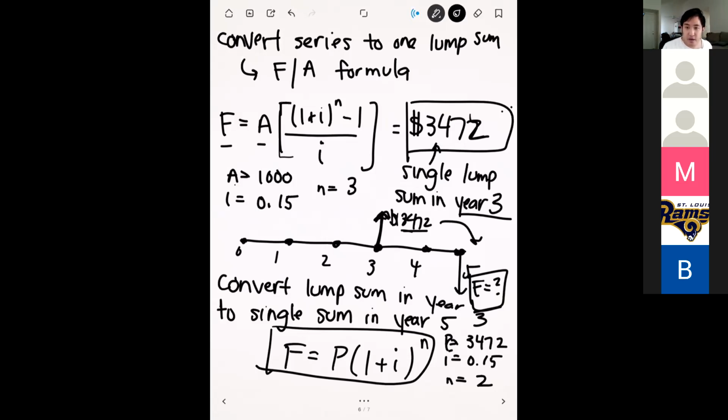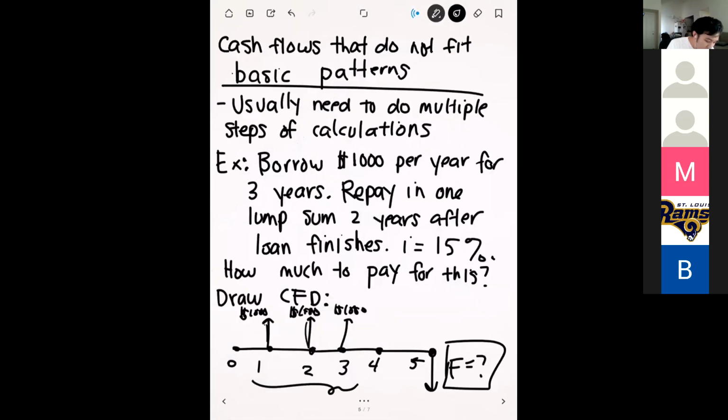So going back, I used an up arrow here to represent that we converted these 3 up arrows into just one single up arrow on year 3. It's just the concept of equivalence that I was illustrating here.